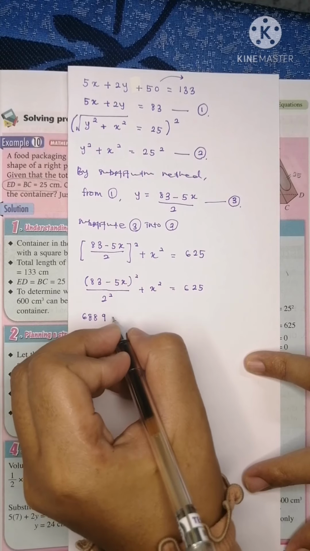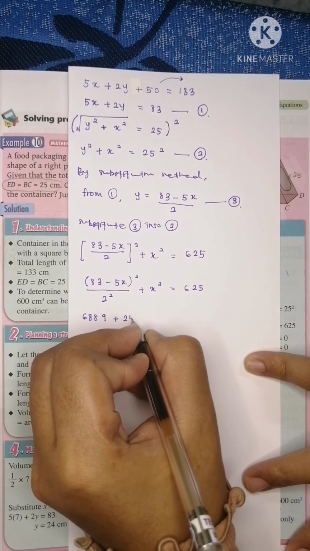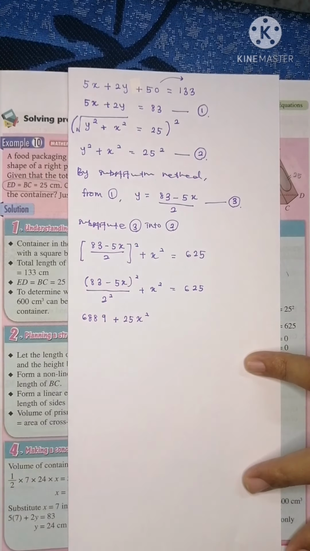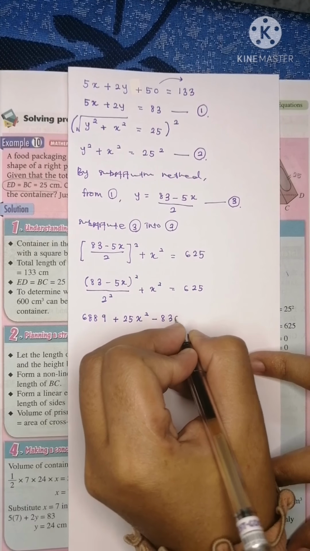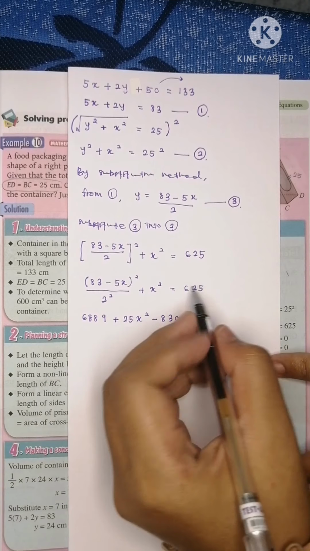Then negative 5x square, you will get positive 25x square, and then 83 times 2 times negative 5x, you will get negative 830x.